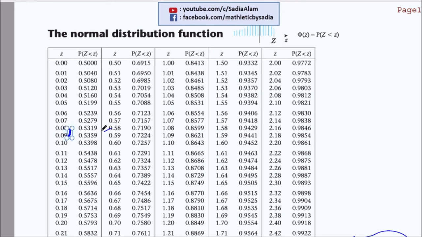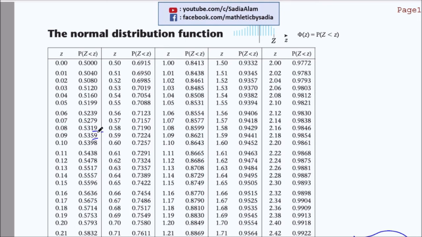The shortcut is, for the time being we can just select the value which is closer to 0.5354, so we can pick 0.09. But to be more accurate, you can use interpolation.